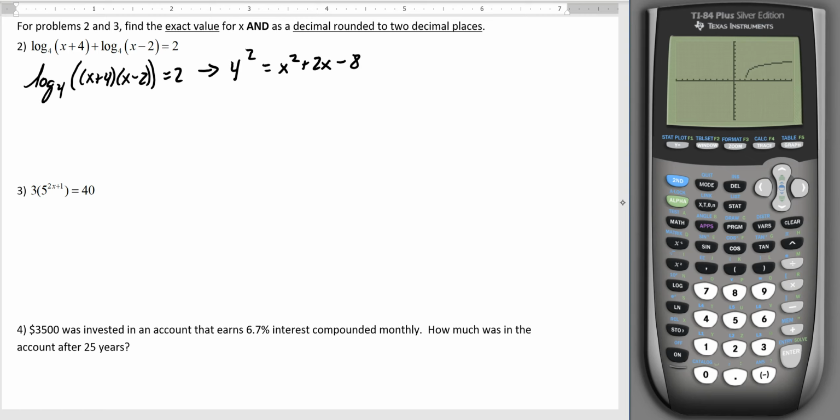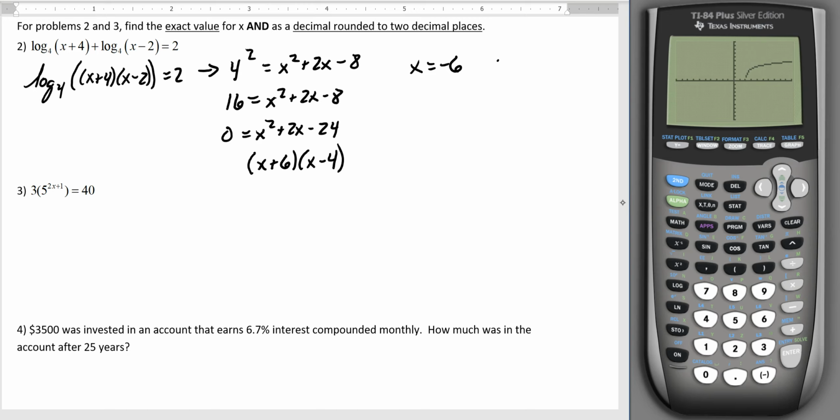So 4 squared is 16, equals x squared plus 2x minus 8. Let's subtract the 16, so I'll have 0 equals x squared plus 2x minus 24, which I can then factor as (x plus 6)(x minus 4), which tells me that x equals negative 6 or x equals positive 4.